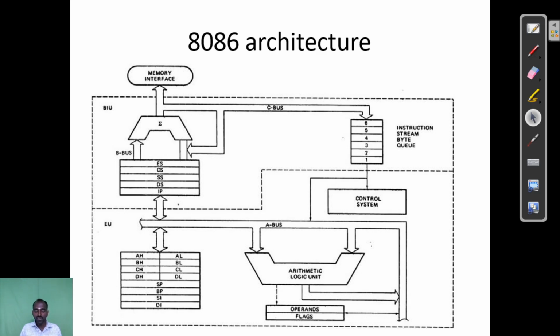Its function is to hold the base value in the base addressing mode to access memory data. It is also a 16-bit register, divided into BH, the higher order byte, and BL, the lower order byte.